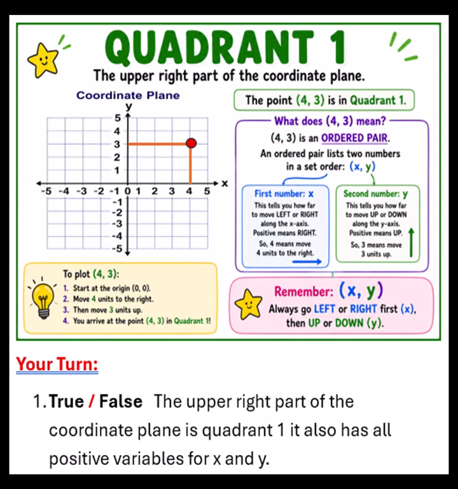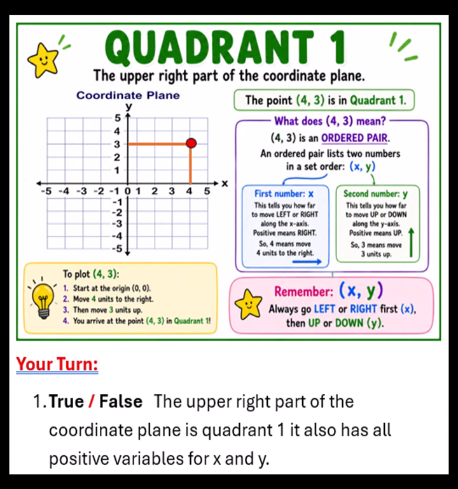An ordered pair lists 2 numbers in a set order, x comma y. The first number in that ordered pair is x, and the second number will always be y.